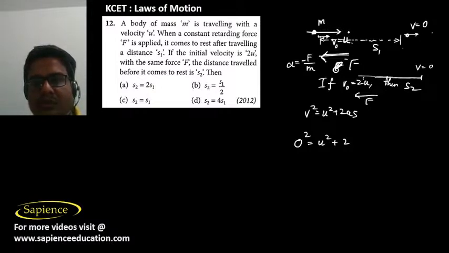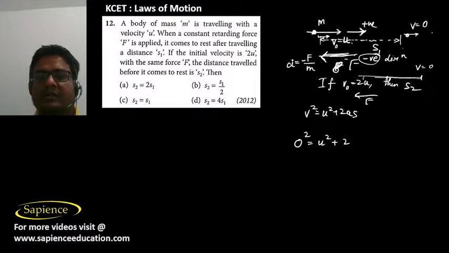So the direction of the initial velocity, let's suppose it is towards right, so the direction towards right should be taken as positive, and the direction towards the left in which the retarding force is acting should be taken as negative. So the force acting is minus f, so acceleration is minus f by m, it means that the retardation is f by m.